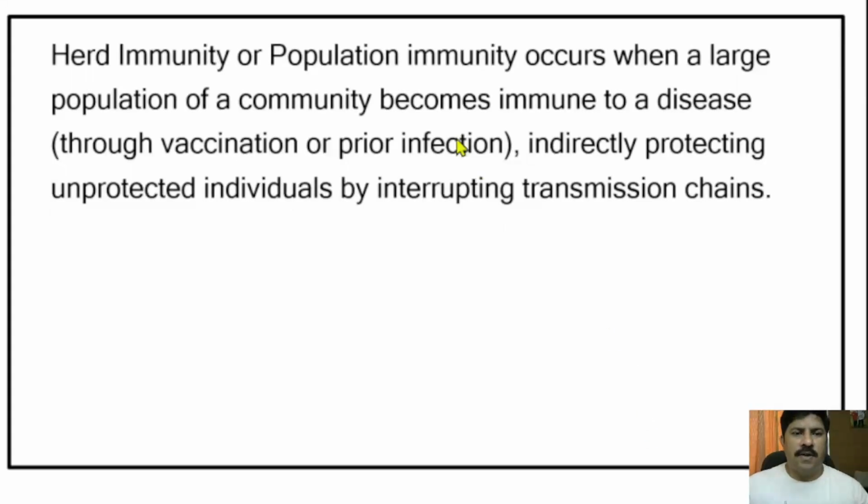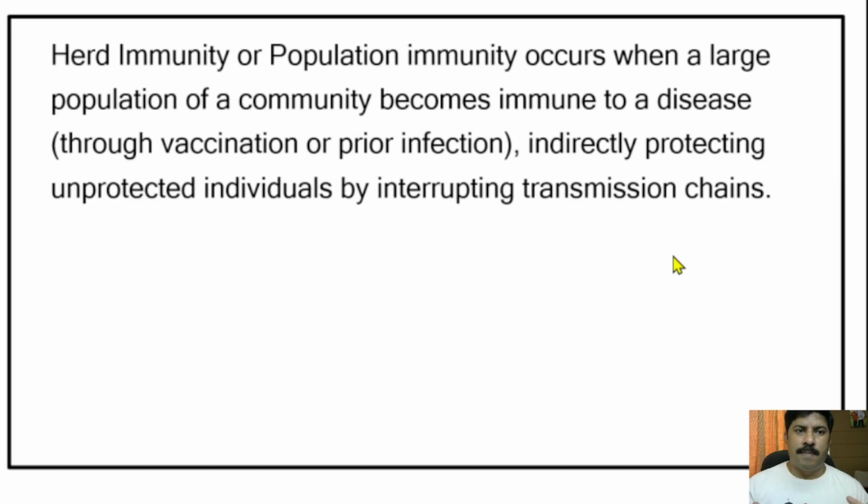Herd immunity is also known as population immunity. It occurs when a large population of a community becomes immune to a disease, through vaccination or prior infection. It indirectly protects unprotected individuals by interrupting transmission chains.